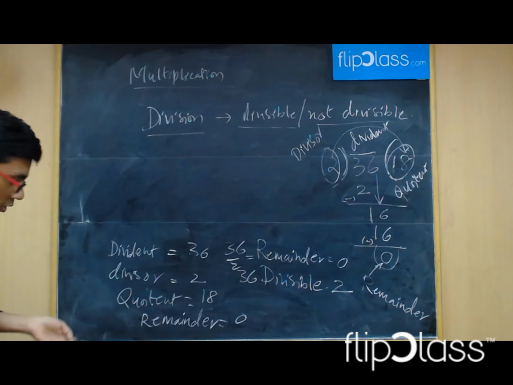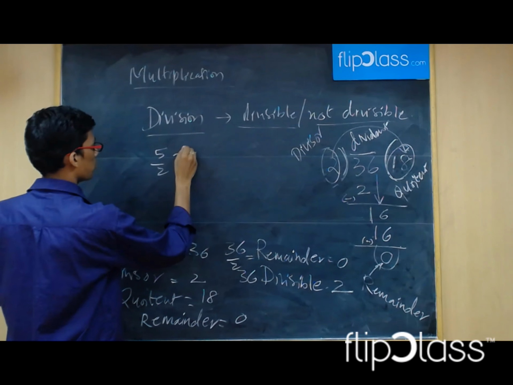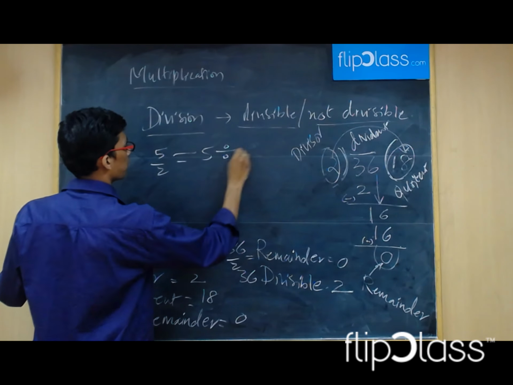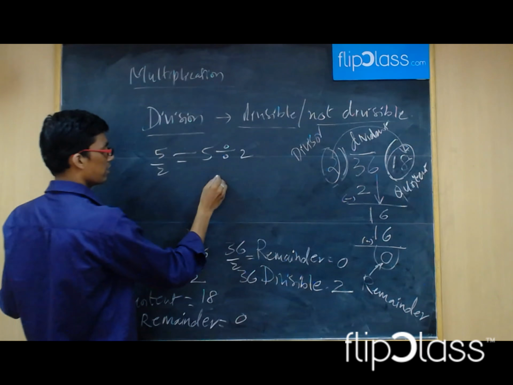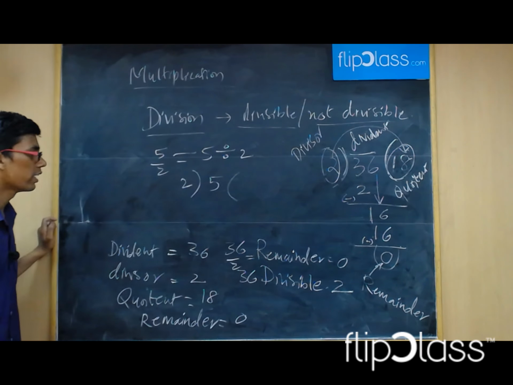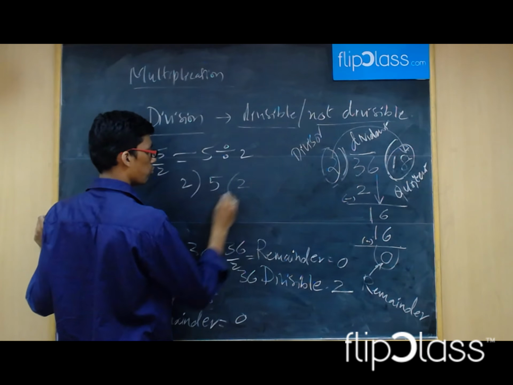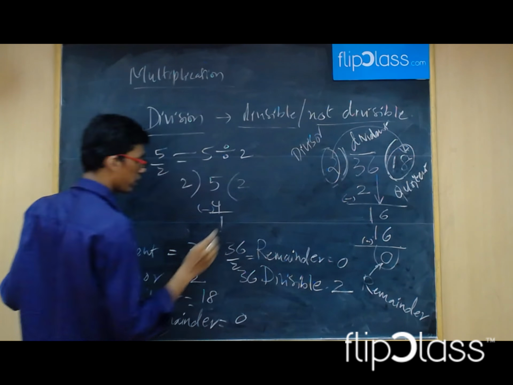Okay, so let us try to divide 5 by 2. Here, 5 should be written like this, and 2. So 2 into 2 is 4. You have to subtract, you will get the value as 1.